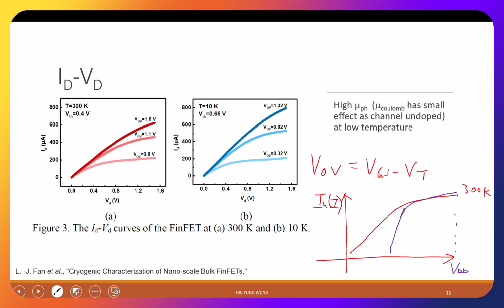It's not like in the old days when you overclocked your CPU, making it go from 100 megahertz to 400 megahertz, or higher voltage. We don't mean that. Here it's just a definition: voltage overdrive is VG minus VT. We find the difference between VG and VT because only after VT does it turn on, right? And only that part really constitutes the property of your transistor.